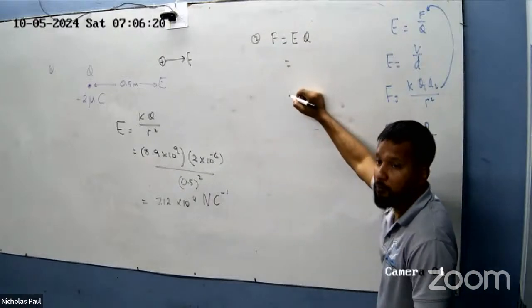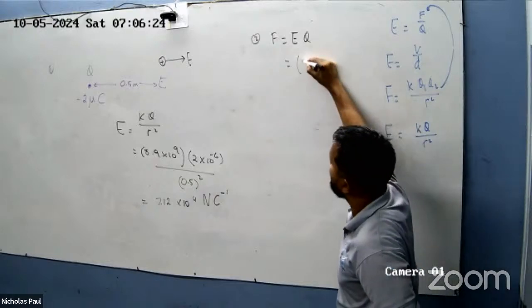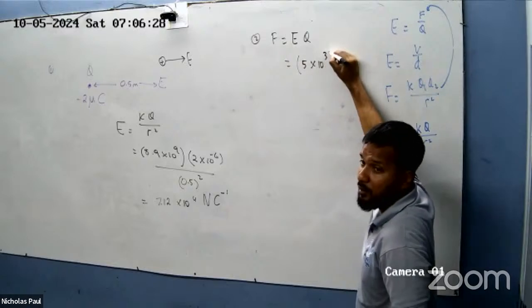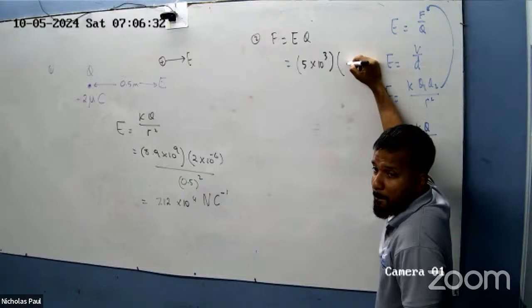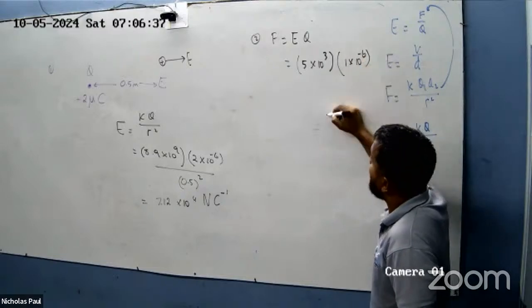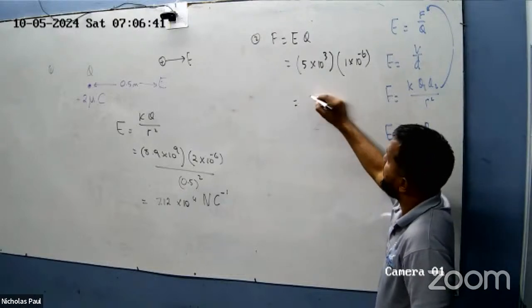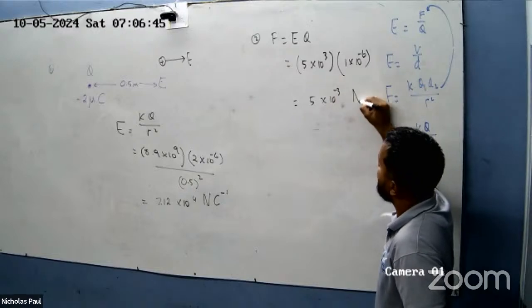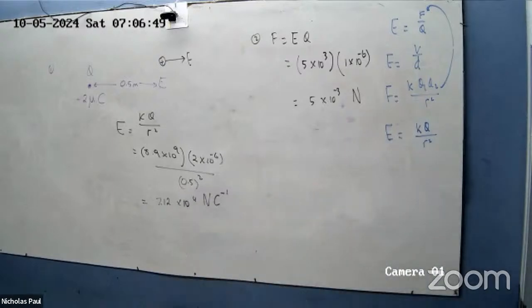What is E? 5 by 10 to the, and Q is what? 1 by 10 to the minus 6. So F is 5 by 10 to the minus 3 newtons. That's okay?